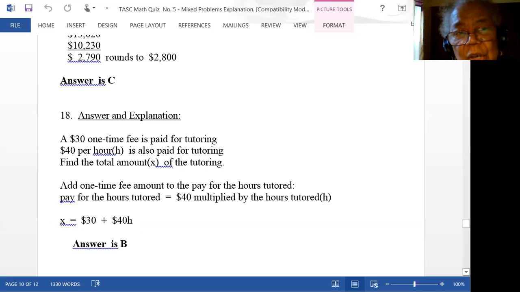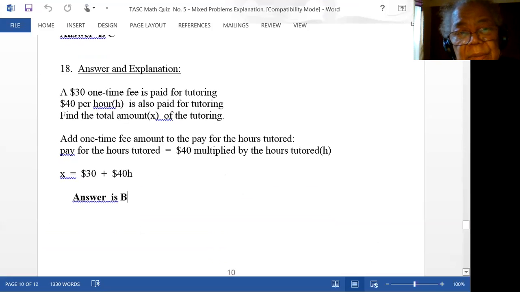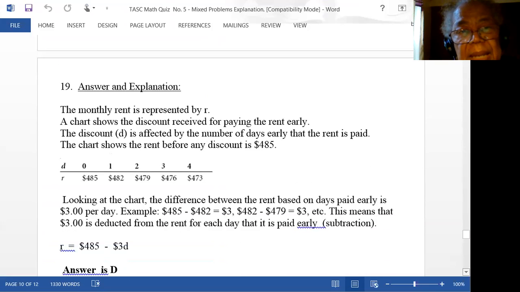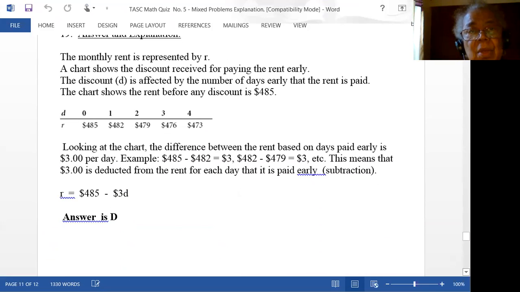Okay, let's go to our next problem. It's number 19. You have a chart there showing your monthly rent, and you get a discount by paying the rent early. Now, let's see what that discount is.